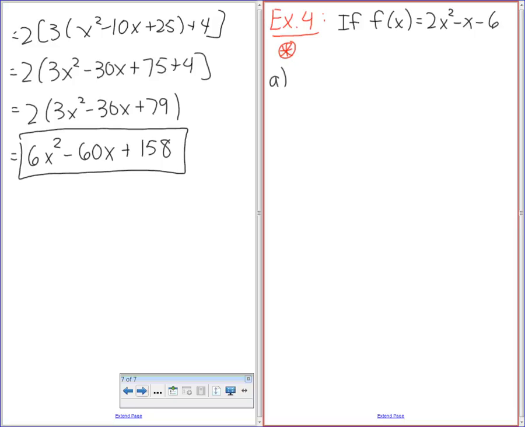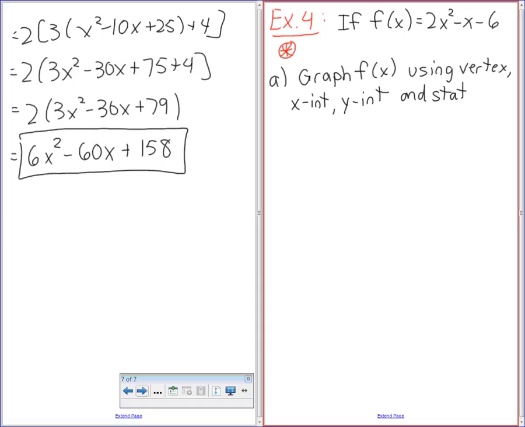A, graph f of x using vertex, x-intercepts, y-intercept, state domain and range. B, graph f inverse x.